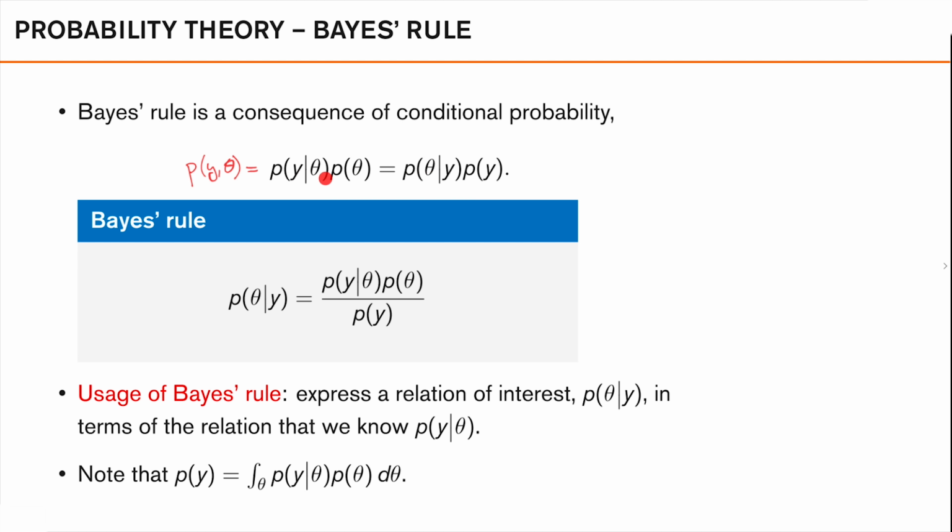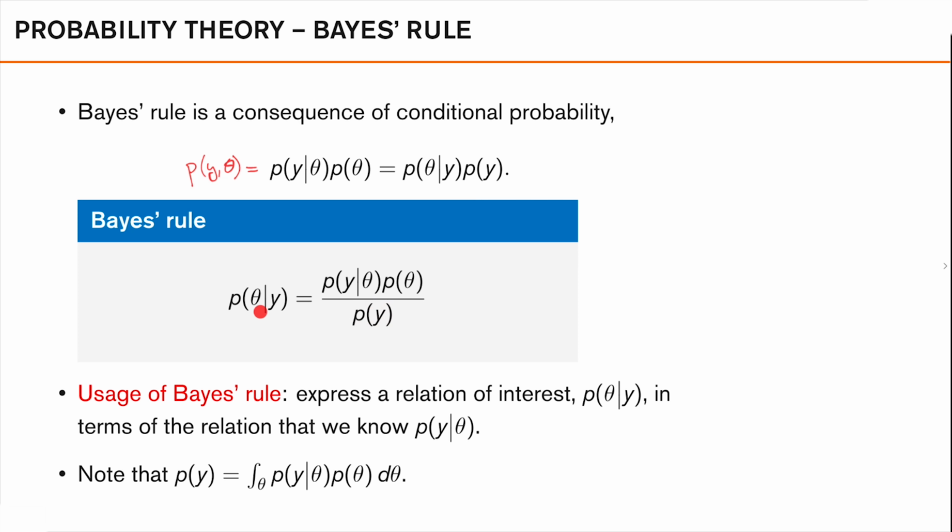As both of these express the same joint probability, there must be an equal sign here. If we consider this equality and divide both sides by p of y, we basically get Bayes' rule. Bayes' rule states that p of theta given y can be written as p of y given theta times p of theta divided by p of y.